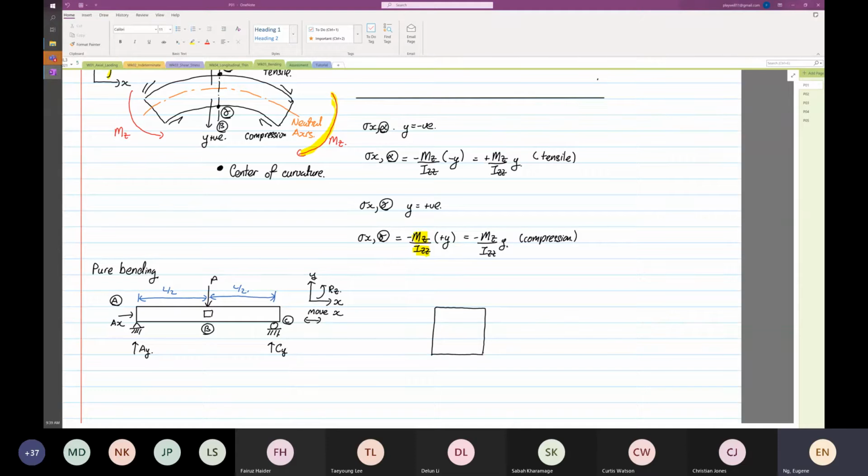Then I'm going to draw a transformation. The transformation is still the same: X, Y, rotation about Z. You guys have seen this element before, when we were dealing with shearing stress.